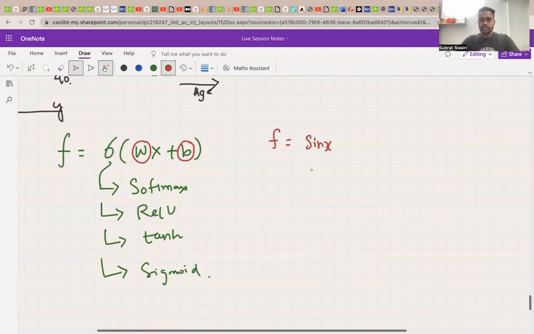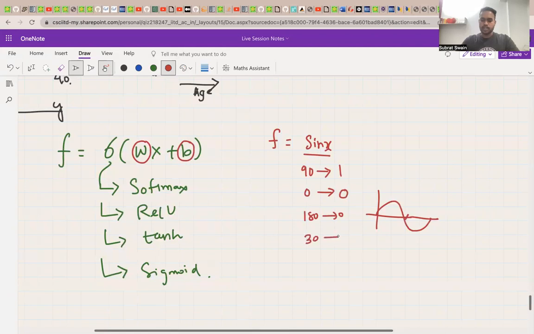Its xy pairs will be, given x is 90 degrees, sin x is 1, and x is 0, something like that. I forgot the x. At 180, it's again 0, and for 30 it is half, right? So these are the values, okay?